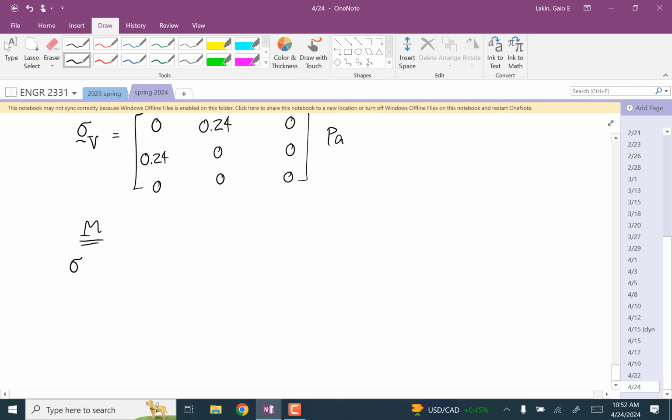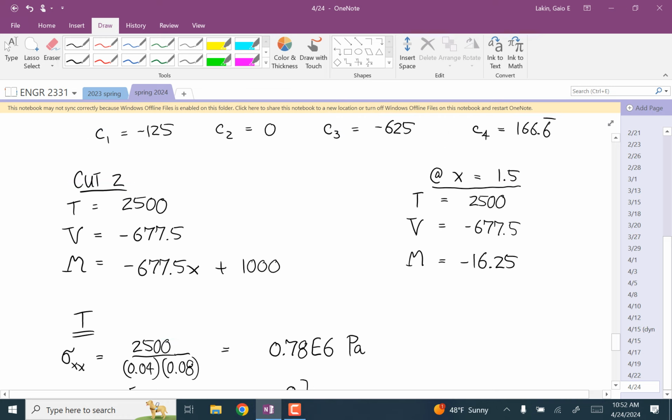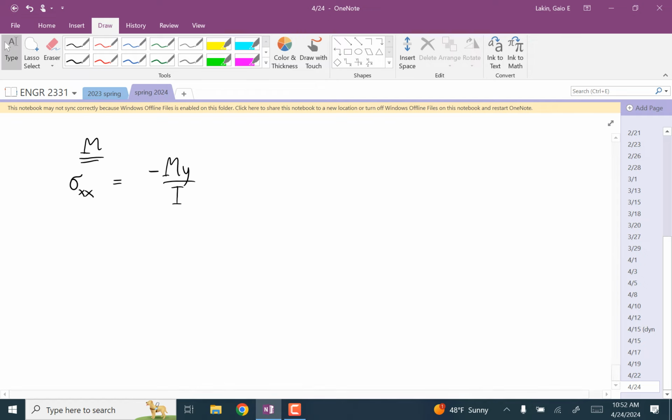So the stress tensor due to bending moment, that's an XX stress. It's equal to negative My over I. The y is positive because we're above the neutral axis. The M, negative 16.25. We got negative of negative 16.25. Y is positive 0.02.